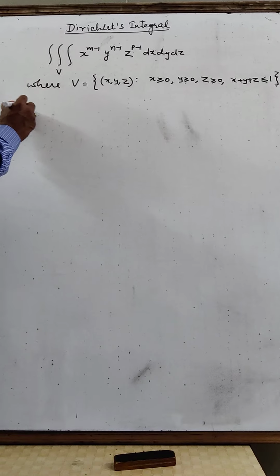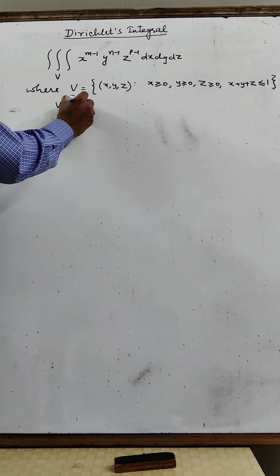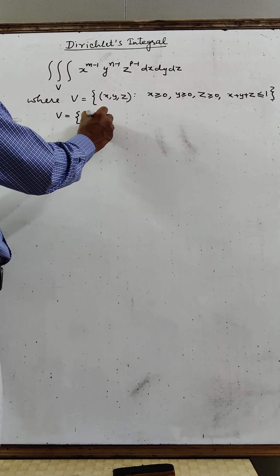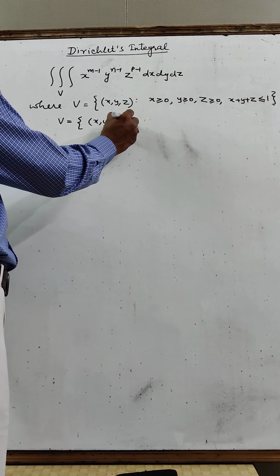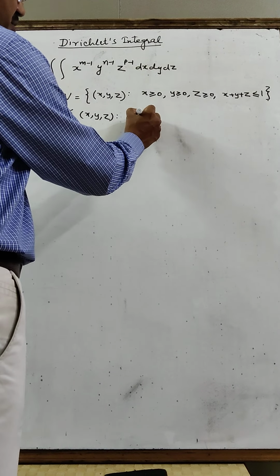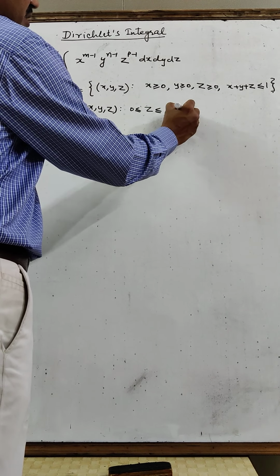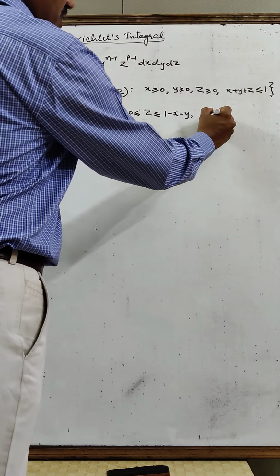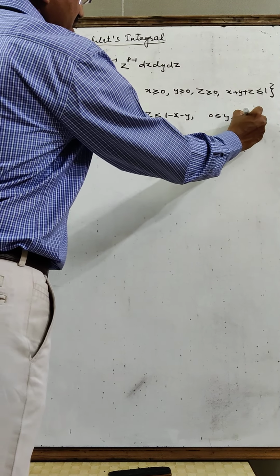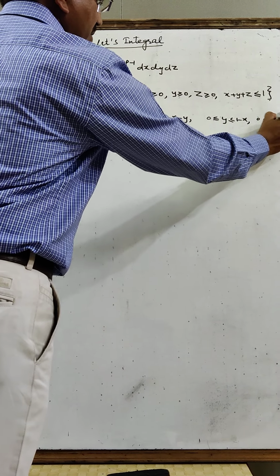Now, you know the limits, V can also be defined as x, y, z where z lies between 0 and 1 minus x minus y, y lies between 0 and 1 minus x, and x lies between 0 and 1.